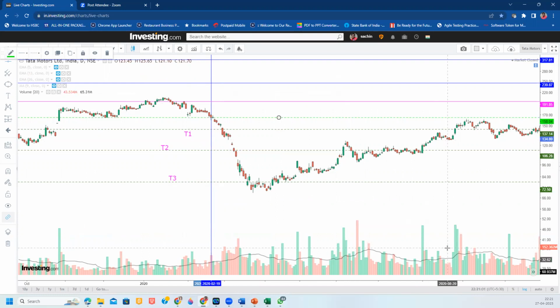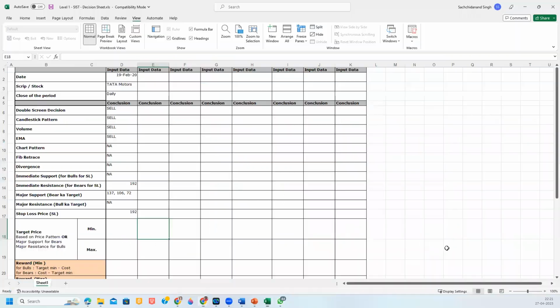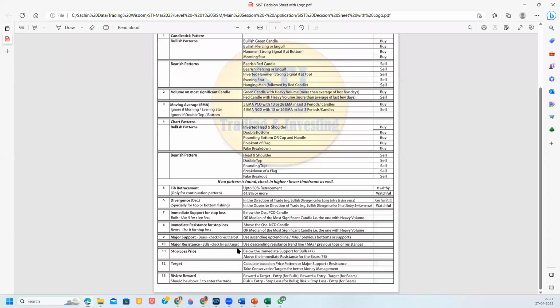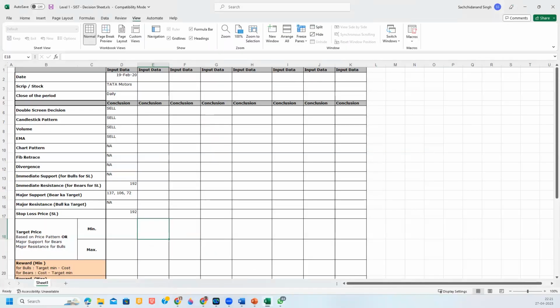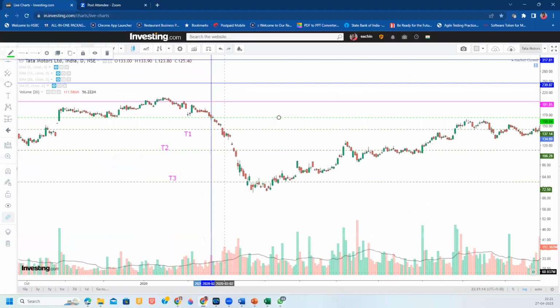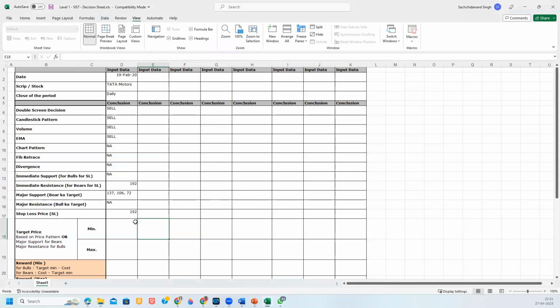So 158, let's say, is the average price point for that stock on that day, and based on that value, what is the minimum target? The minimum target is the first target, T1, and that value we have already noted down here. That was 137.